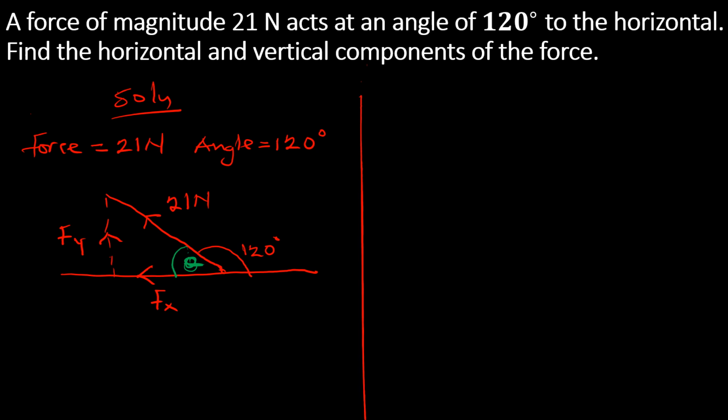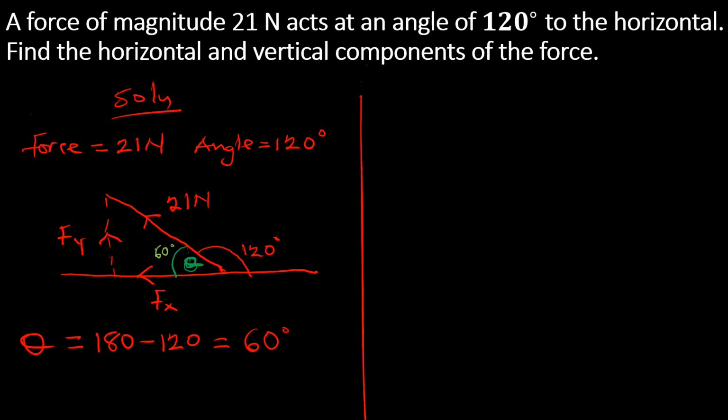So theta is equal to 180 minus 120, which will give us 60 degrees. So we have this place to be 60 degrees. Okay, let's proceed.